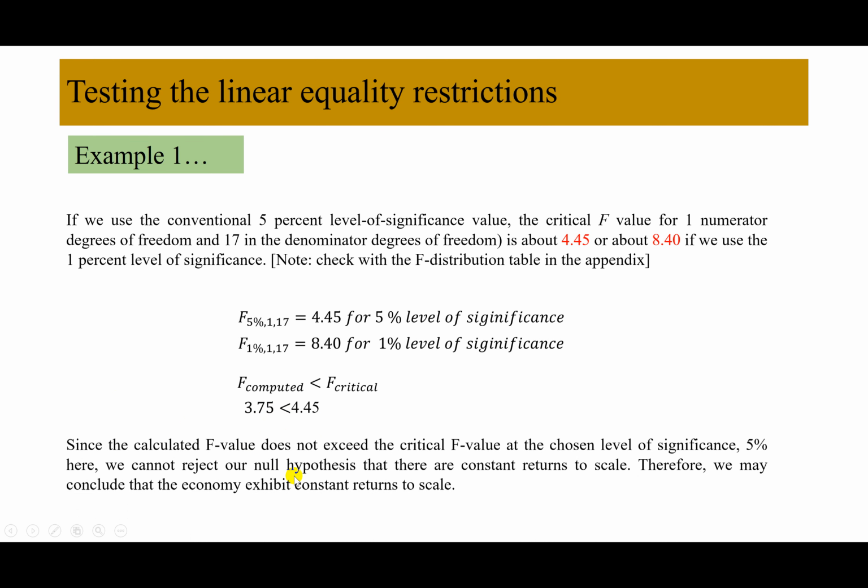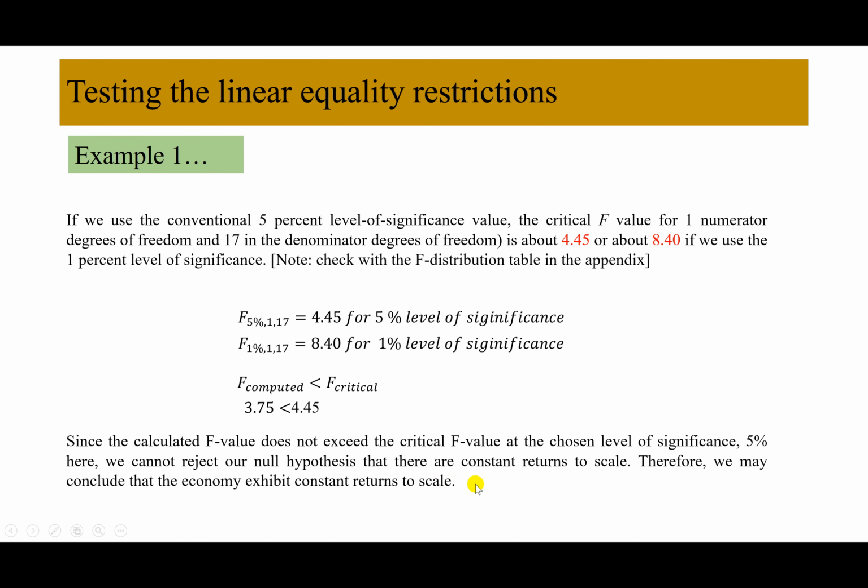Since the calculated F value does not exceed the critical F value at the chosen level of significance, 5% here, we cannot reject our null hypothesis that there are constant returns to scale. Therefore, we may conclude that the economy exhibits constant returns to scale.